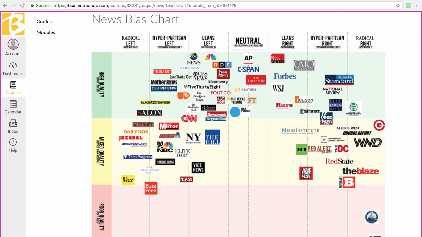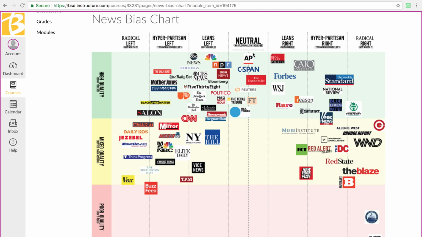I know that if you asked each of these individual news sources how they are when it comes to their bias, they would put themselves right here in the very center as being unbiased, and all others would be radically one side or the other. And I felt this one was the best way of breaking these up.